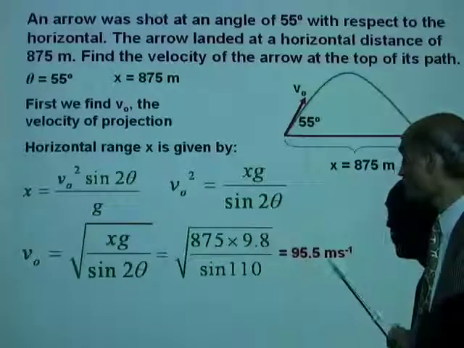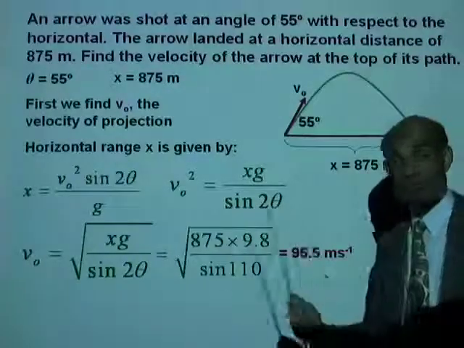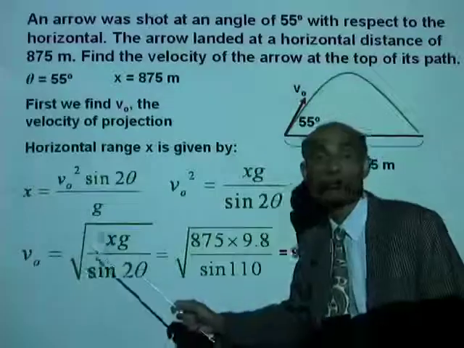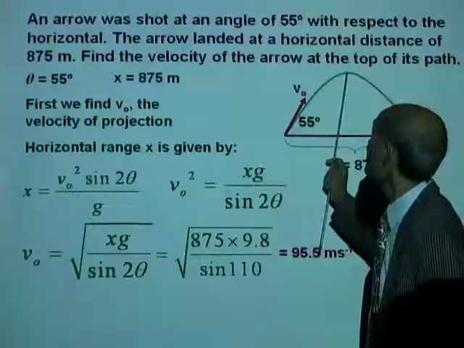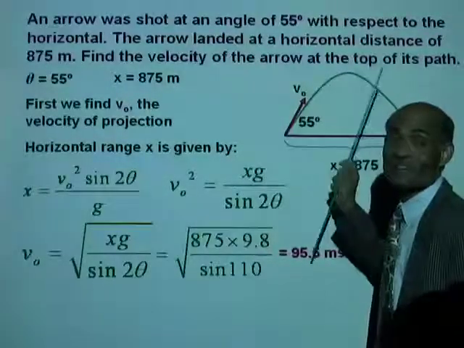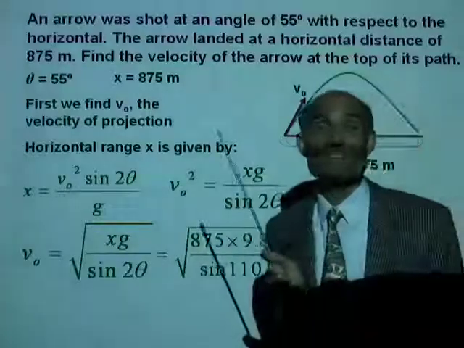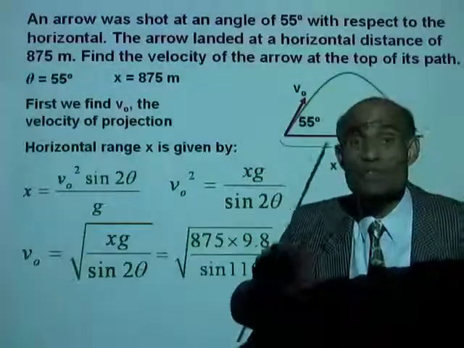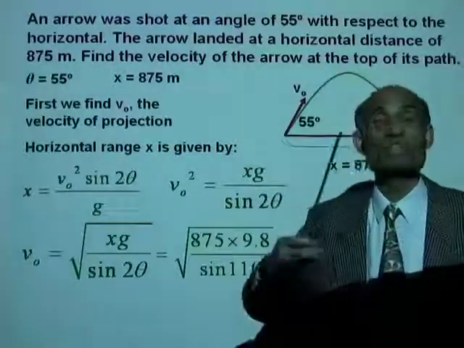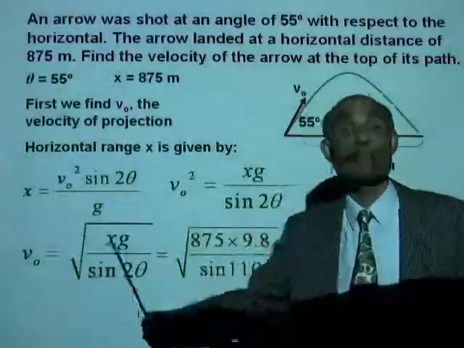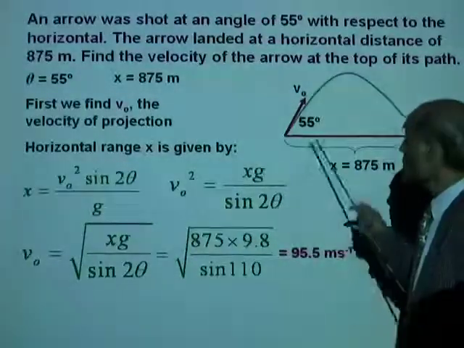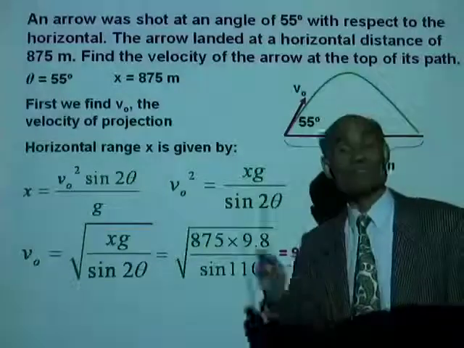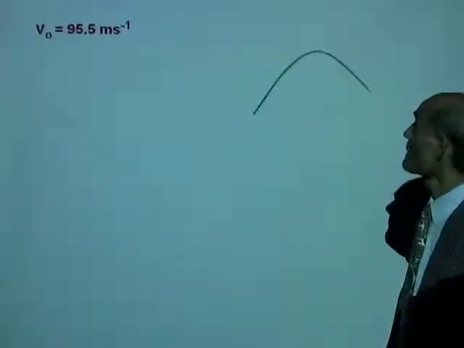And you must be able to now do this problem on your own. If this is the velocity of projection V0, what is the velocity at the maximum height? At the maximum height, the velocity is simply the horizontal component, which is V0 cos theta. V0 you know, theta we know, therefore you can find that component of the velocity.